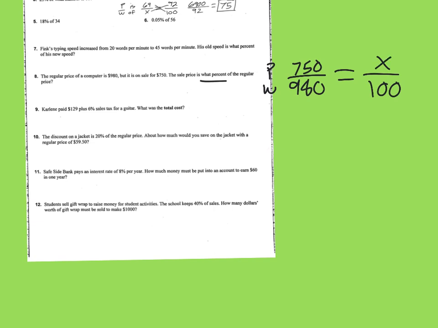Now we're going to just do what we've always done with this strategy. 750 times 100, and we get 75,000. And we are going to now divide by 980. And we get a kind of ugly answer again. It's these weird decimals, but we're going to round to the nearest hundredth.